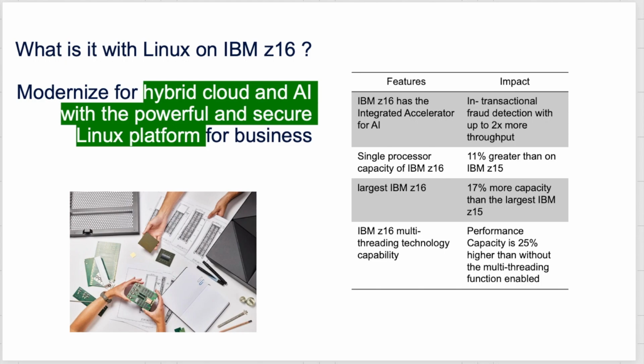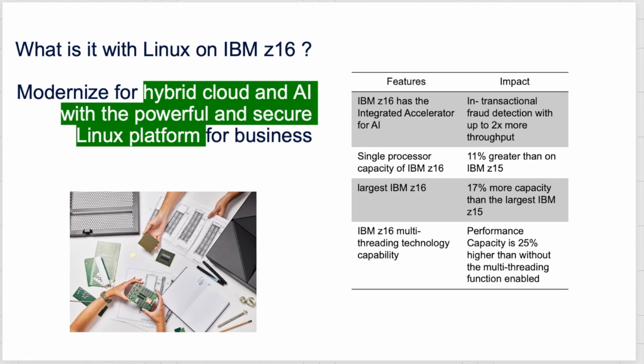IBM Z. Now, what is IBM Z? IBM Z is the most securable hardware platform on the market for Linux and cloud workloads. It has several security features and capabilities, all of which are superior to its competition.